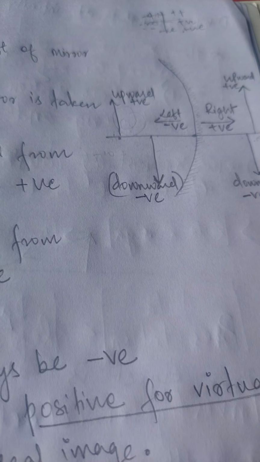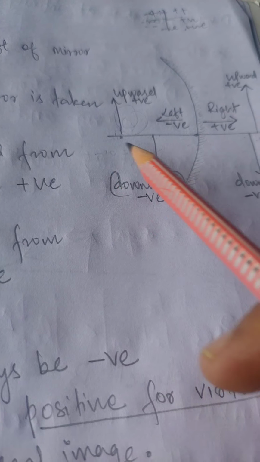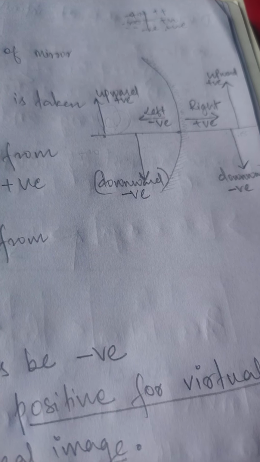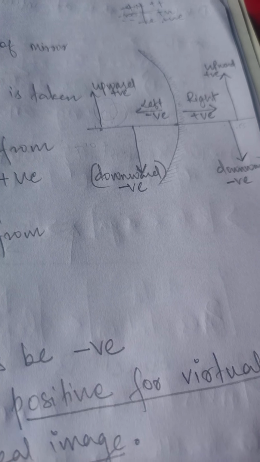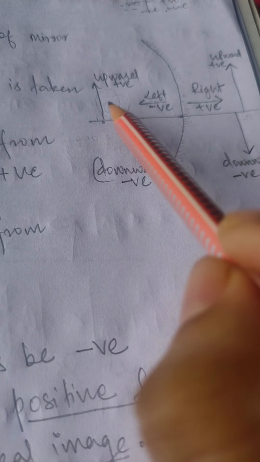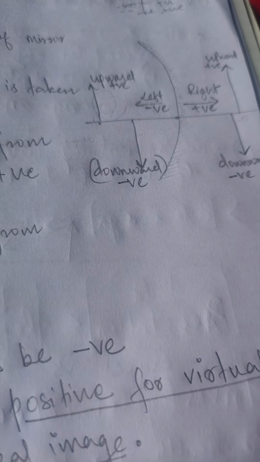So when I ask you the image distance, you will say minus 10 if it is on this side. If it is on this side, you will say it is 10, plus 10 is fine. If anything is on this side, that means minus; if anything is on this side, that means plus.